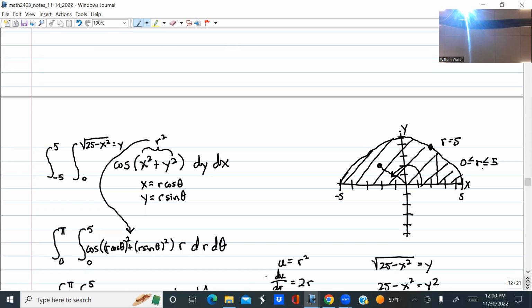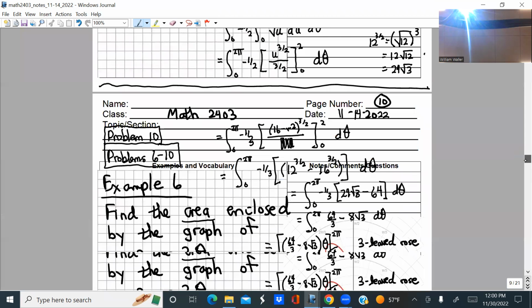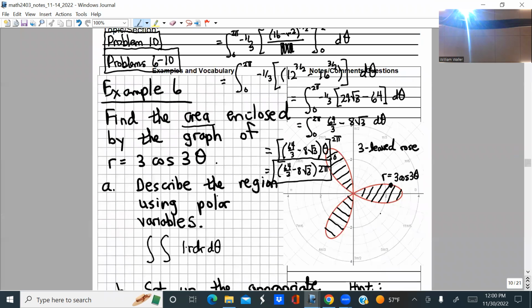The same is going to be true here. Just set your upper bound on your radius to be 3 times cosine of 3 theta. But also, of course, you want the radius to be bigger than or equal to 0.